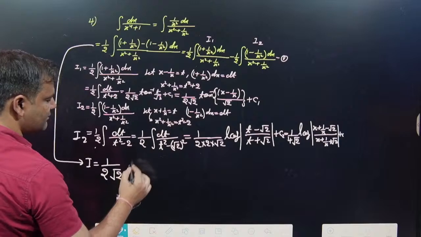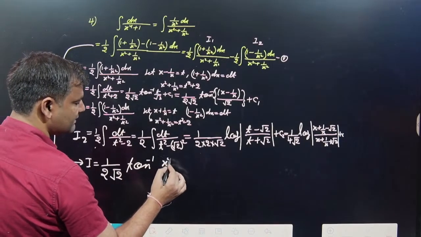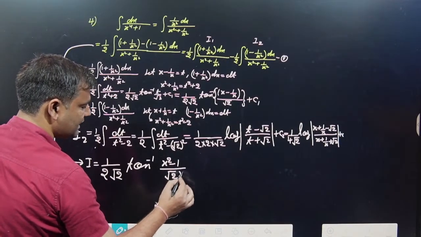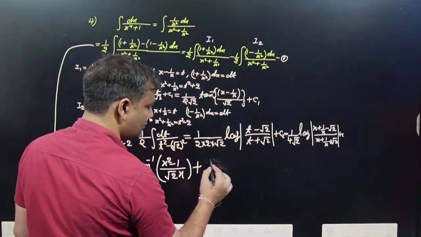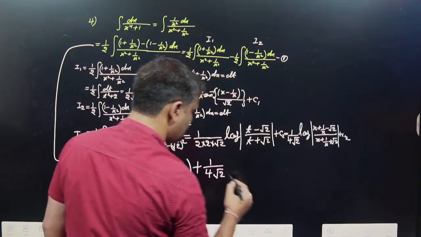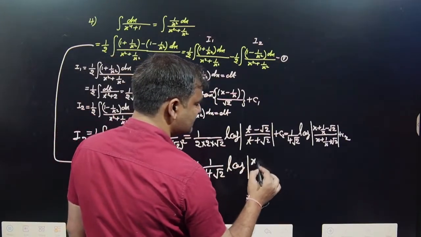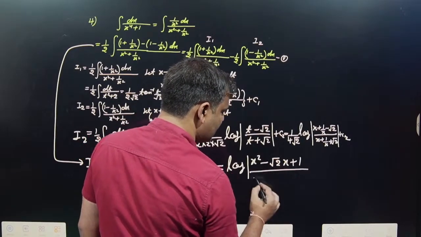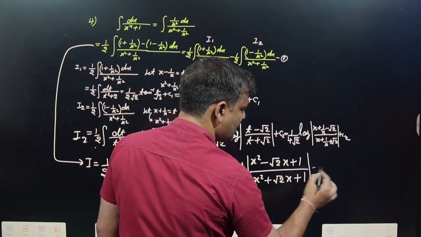After simplification we get tan inverse x square minus 1 upon root 2 into x, okay, minus 1 upon 4 root 2, here C2, into log of x square minus root 2x plus 1 divided by x square plus root 2 into x plus 1.